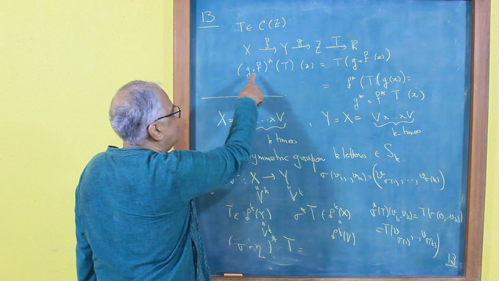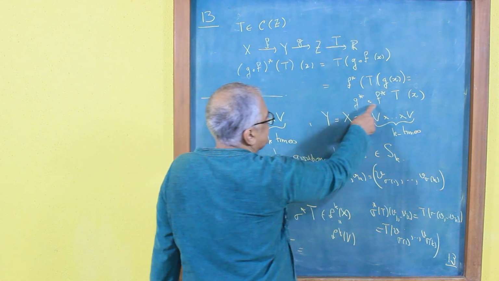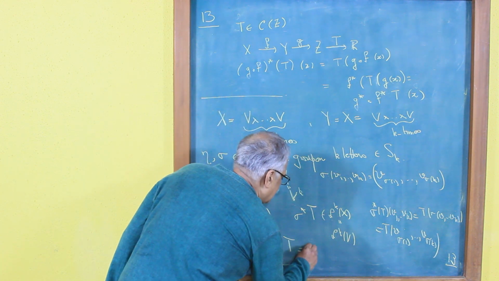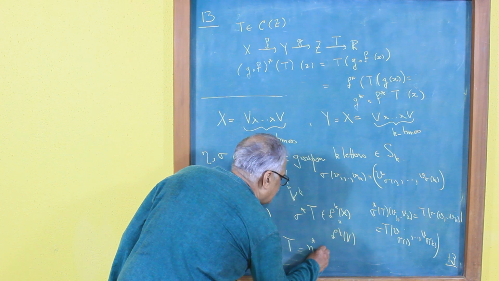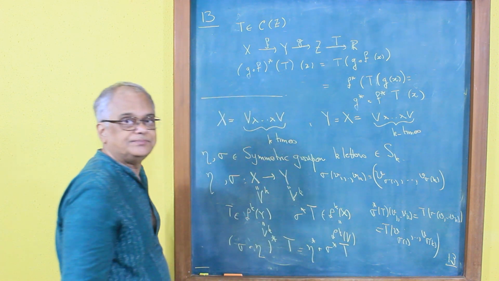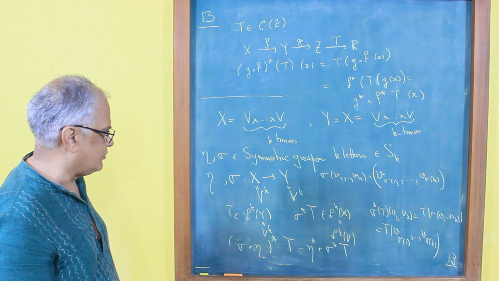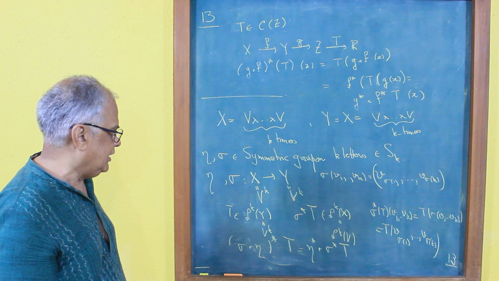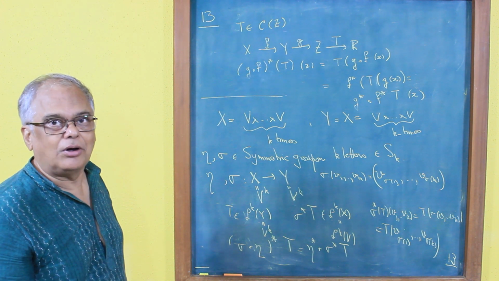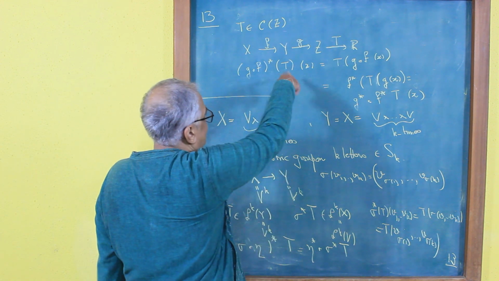F is sigma, g is eta. And what do you get? You get g star composed with f star. So that is eta star composed with sigma star of t. So we have sigma composed with eta upper star of t is equal to eta upper star composed with sigma upper star of t. Okay? It's exactly the same thing that I was doing here.